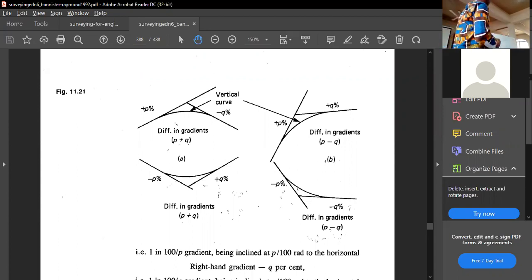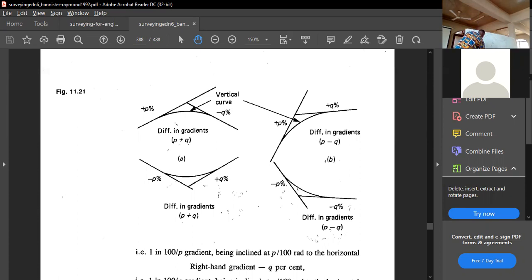The next thing to look at is the algebraic difference in gradients. Algebraic difference is just subtraction; the difference between two values is subtraction.